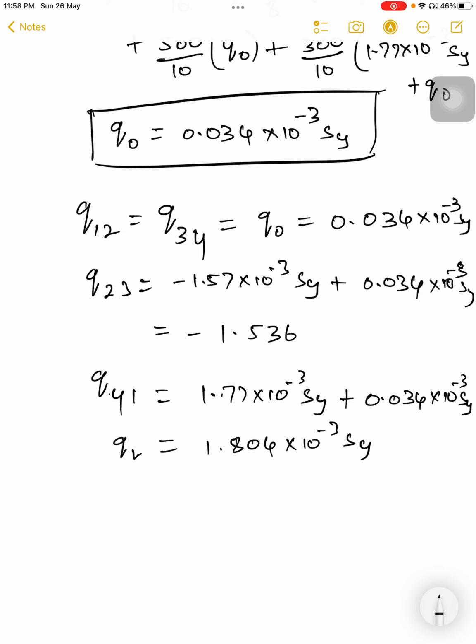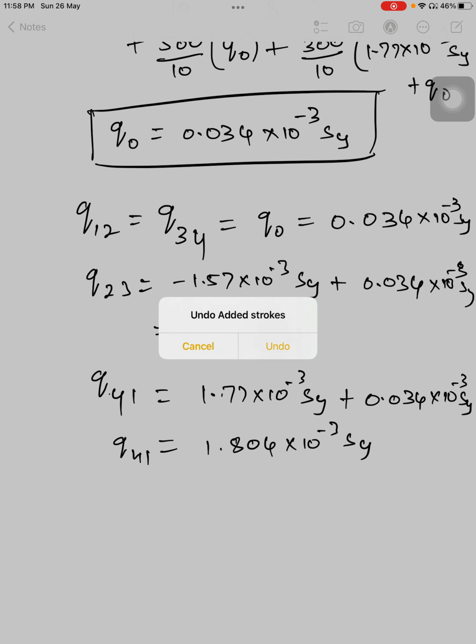This is Q41. So now we have determined the shear flow values of each section. Now we are going to determine the shear center value.